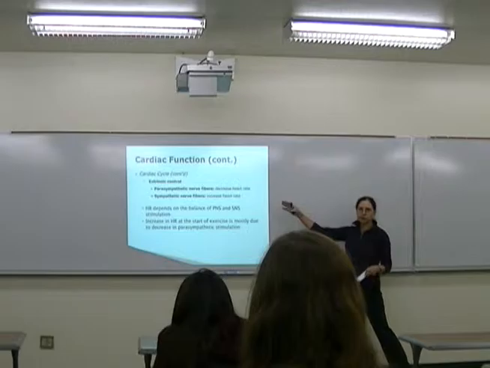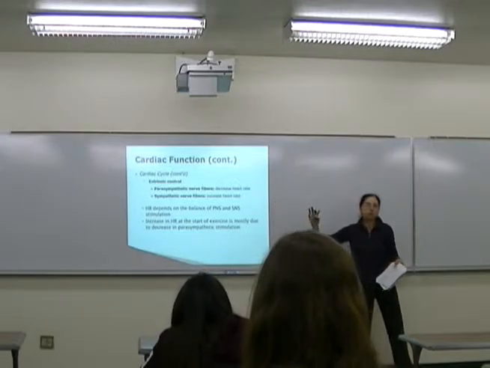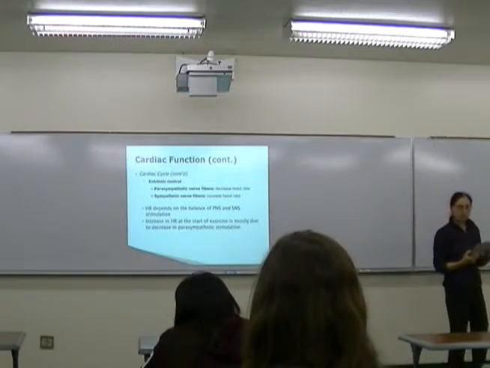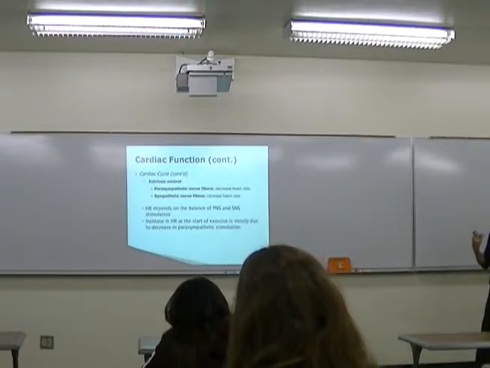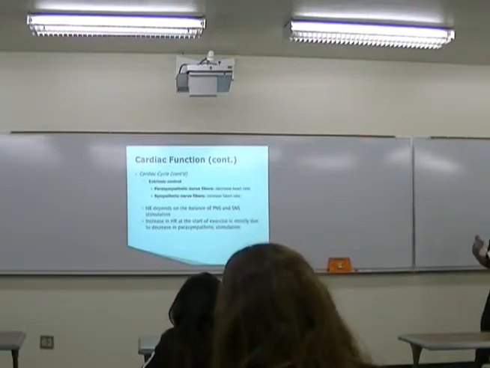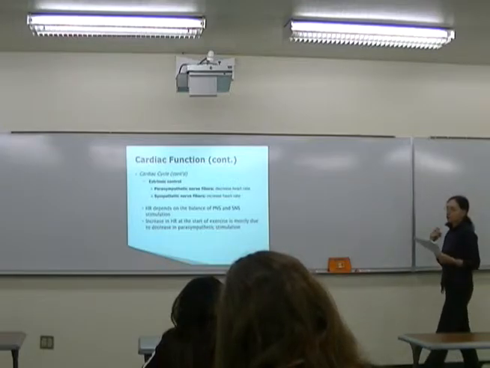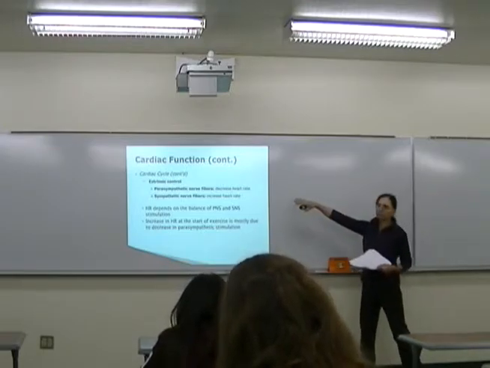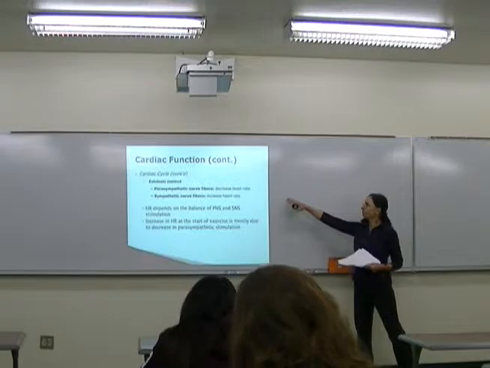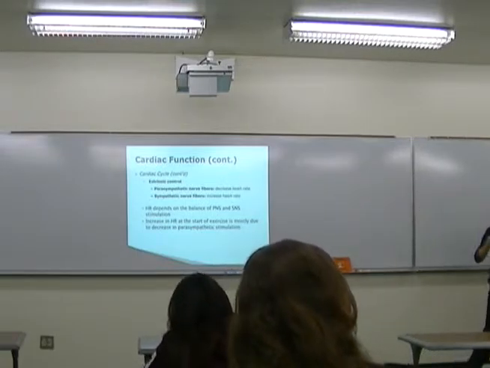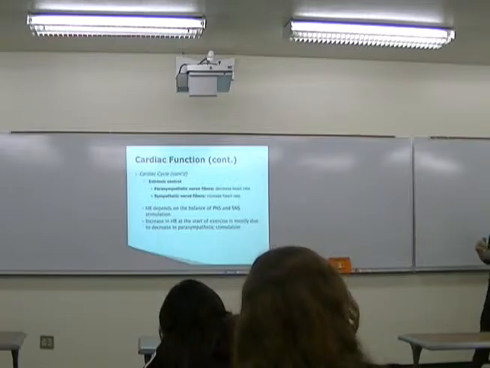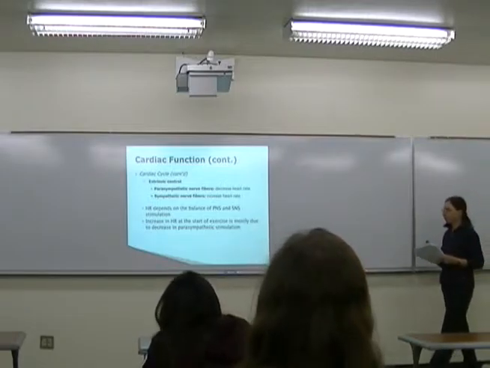Our extrinsic control has to do with the nervous system that we talked about last week. Right? So in addition to my pacemaker, I've also got the parasympathetic nervous system, can impact the heart and decrease my heart rate.